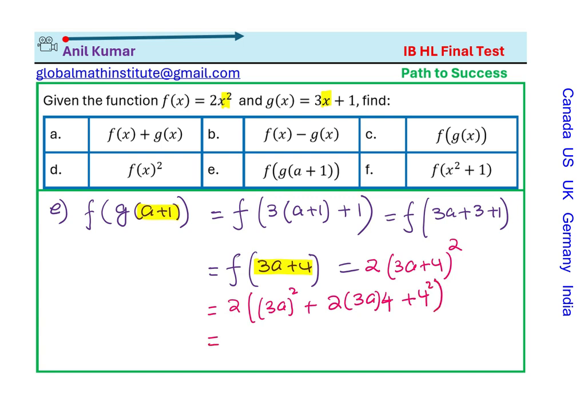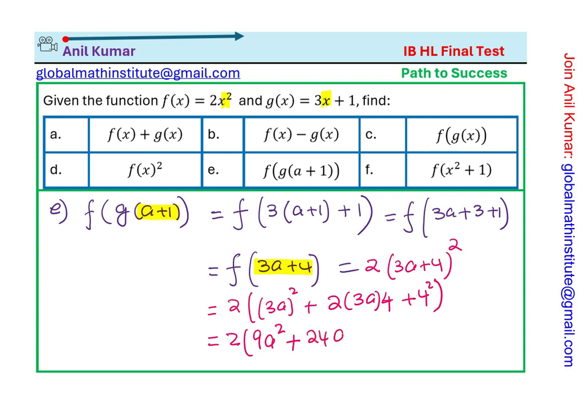Everything times 2, right? So we get 2 times 9a square plus 24a plus 16. When you multiply each term by 2, you get your final answer, which is 18a square plus 48a plus 32. Is that clear to you? So that is how you're going to do part E.